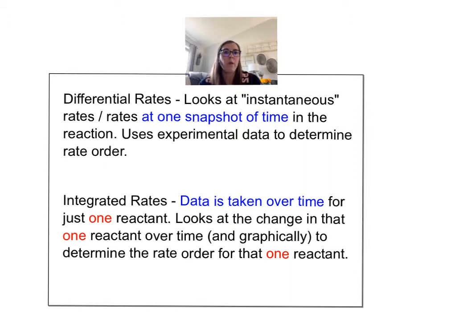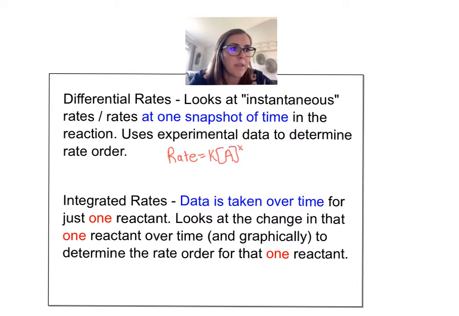So they're both ways we can write rate laws. How are you supposed to choose? Should I do the differential rate equals k times A to whatever power we get?